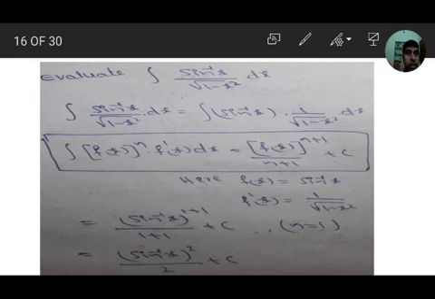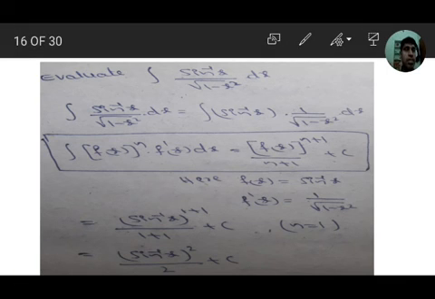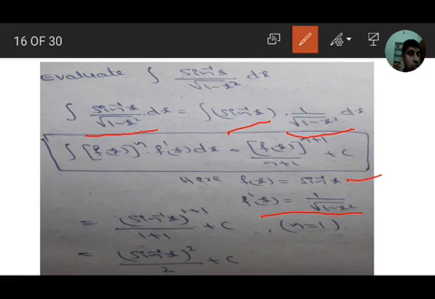So integration of sin inverse x by square root of 1 minus x square dx equal to integration of sin inverse x into 1 by square root of 1 minus x square dx. So here f of x equal to sin inverse x, f dash x equal to 1 by square root of 1 minus x square.